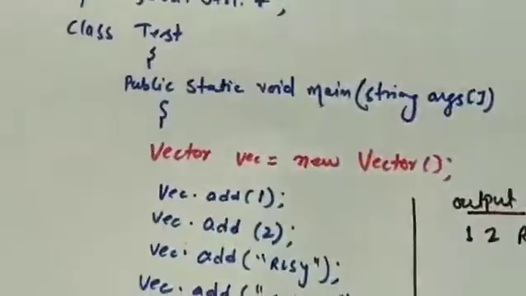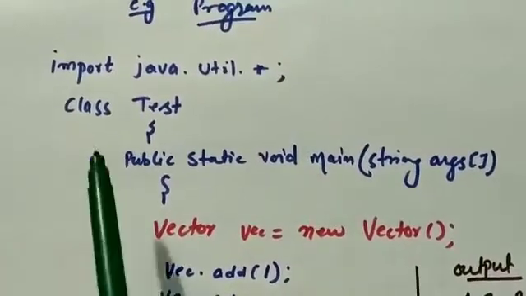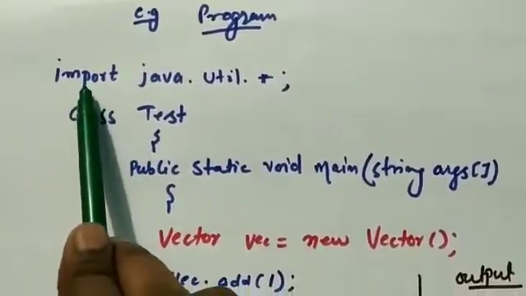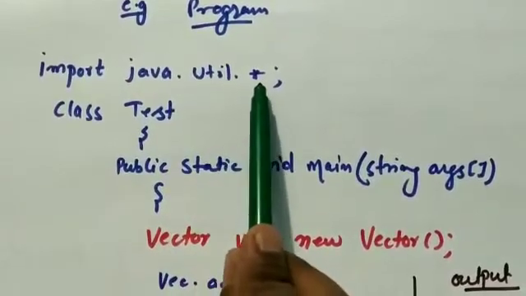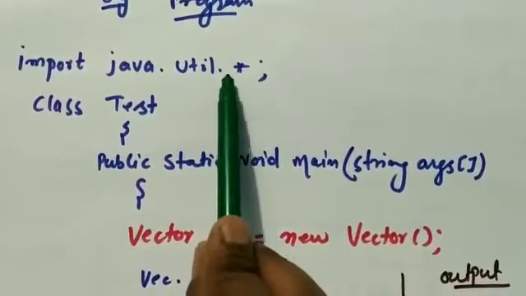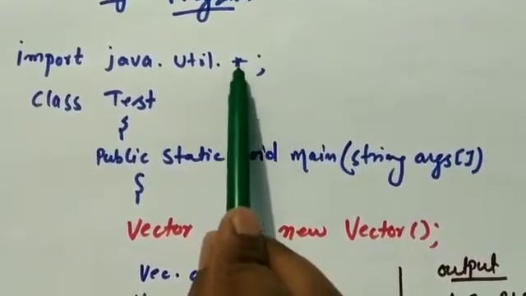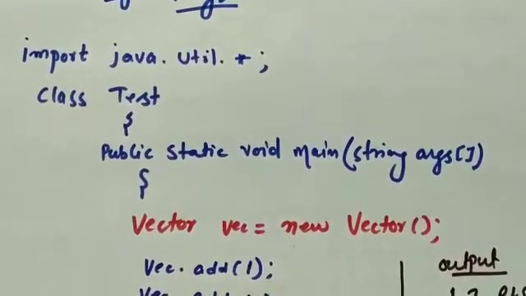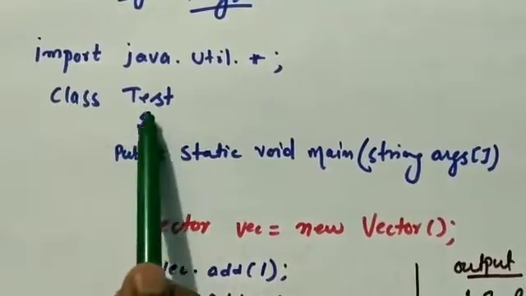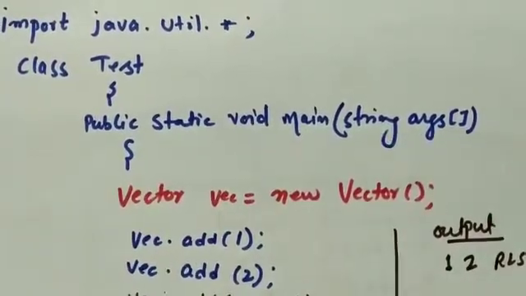The first one, you can see, I have written as an example for you all. The top line is import java.util.*. That means util is a package, and star imports all the methods and classes in this program. Next is class Test, the class name, and public static void main(String args).